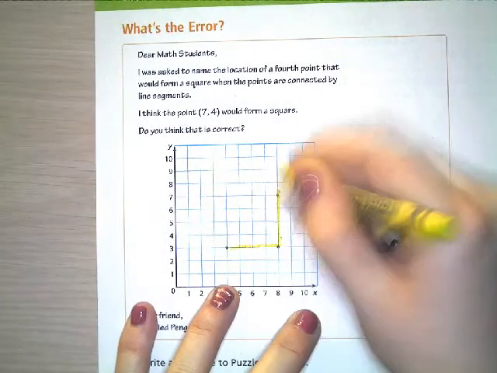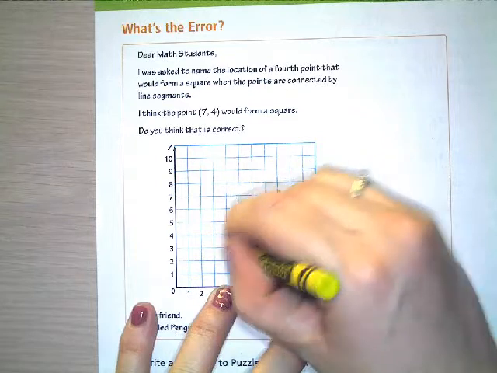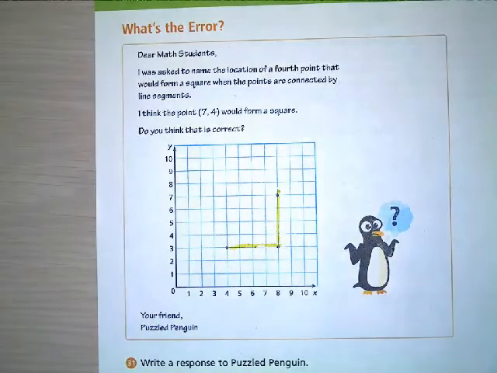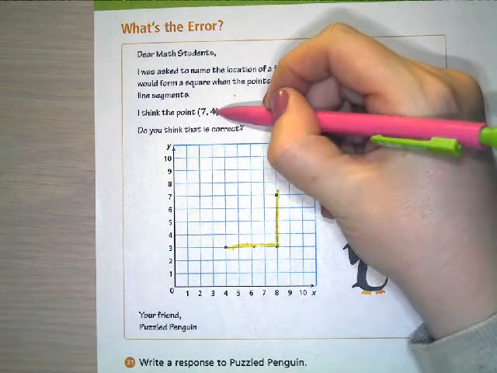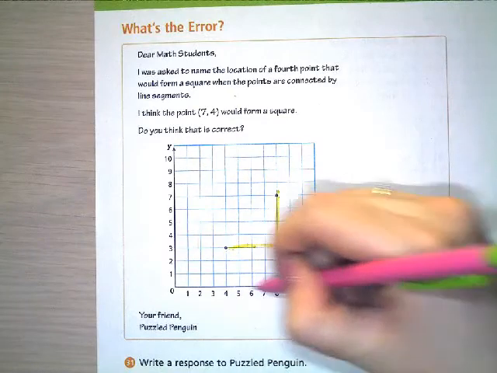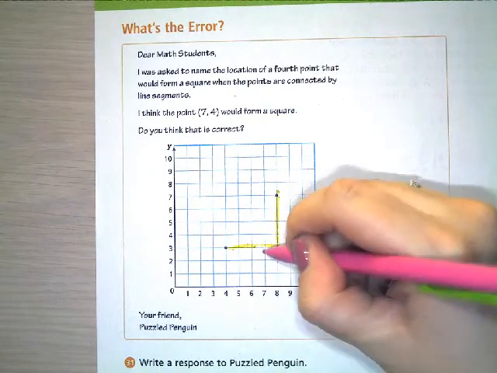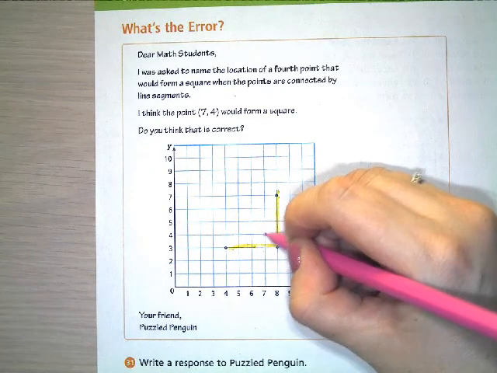Let's just see. Will you take your yellow green and connect what he has so far? Okay, the backwards L. To have a square, it has to be equal on all sides. So let's take our pencil and put the point where he thinks it goes. Over 7, up 4.